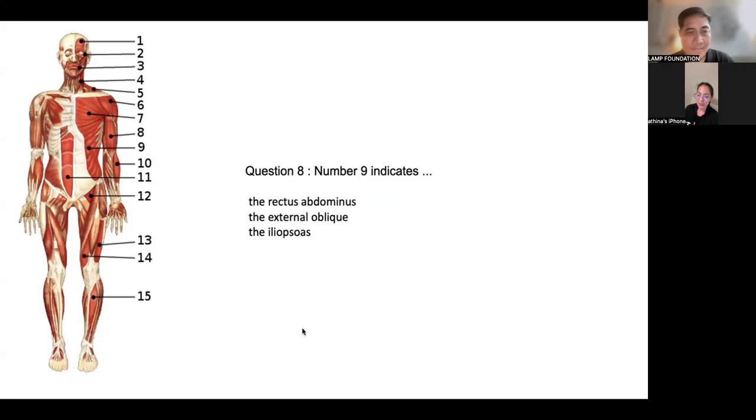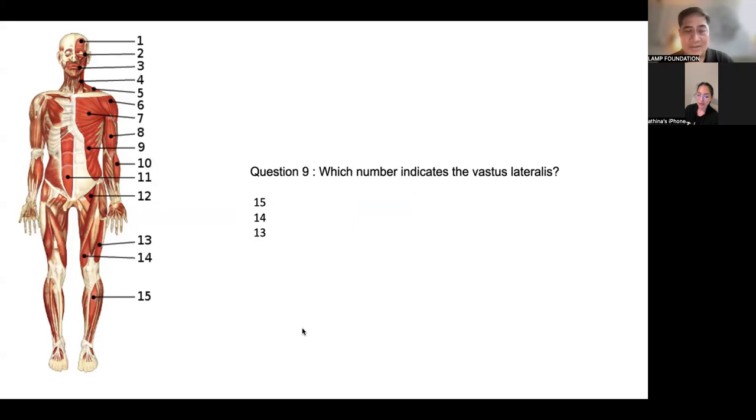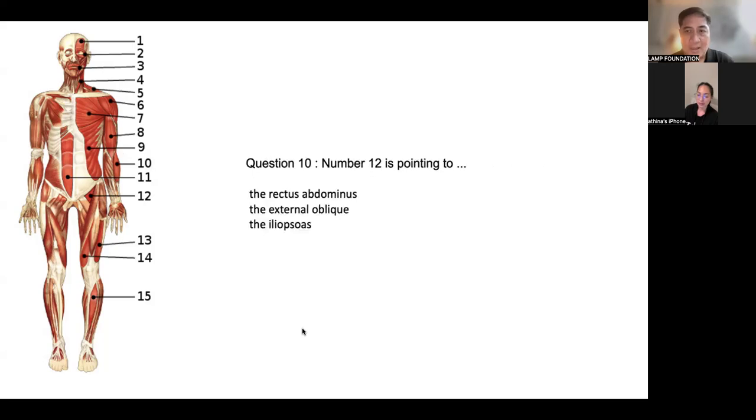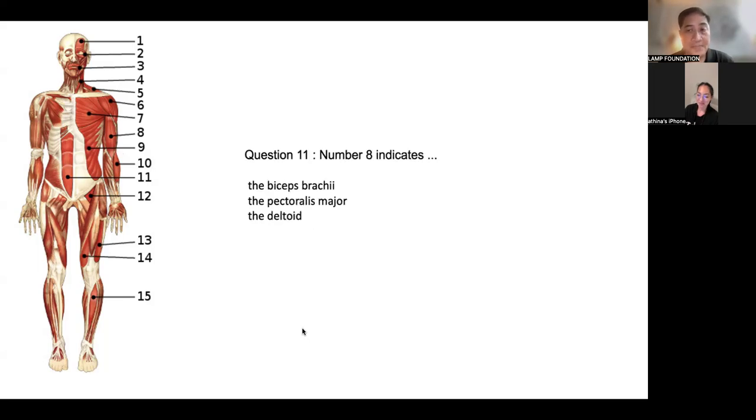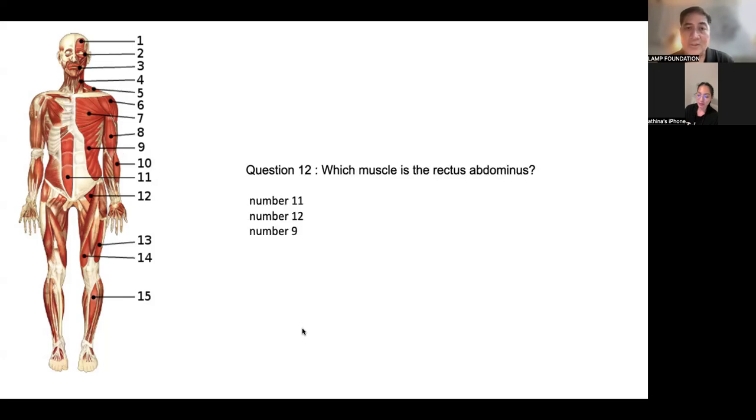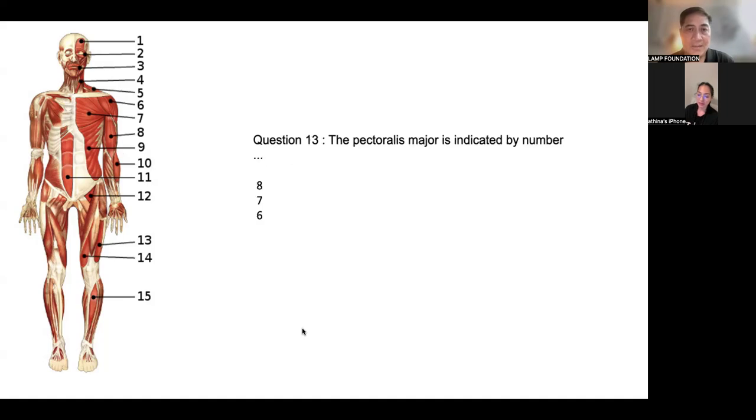Number 9, the external oblique. Vastus lateralis, number 13. Number 12, the soleus. Iliopsoas, number 8. That's the biceps brachii. Rectus abdominis, that's number 11.